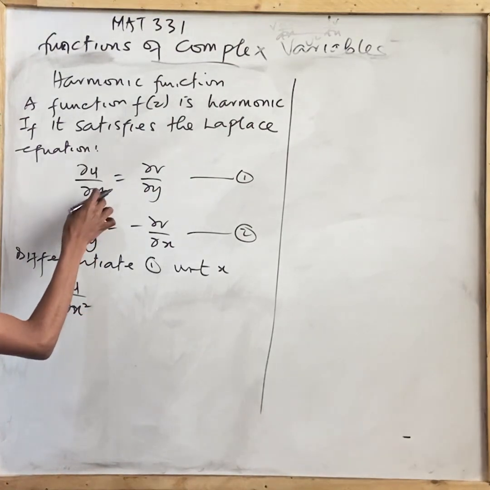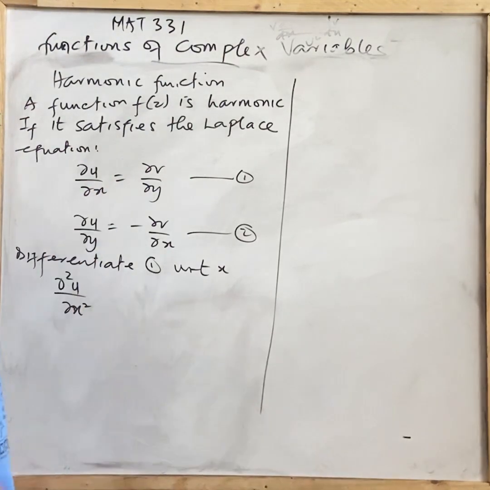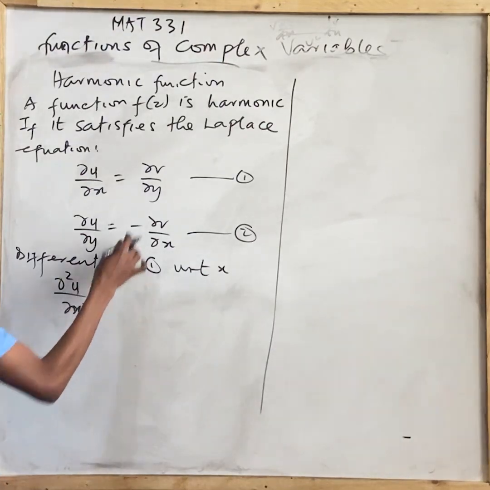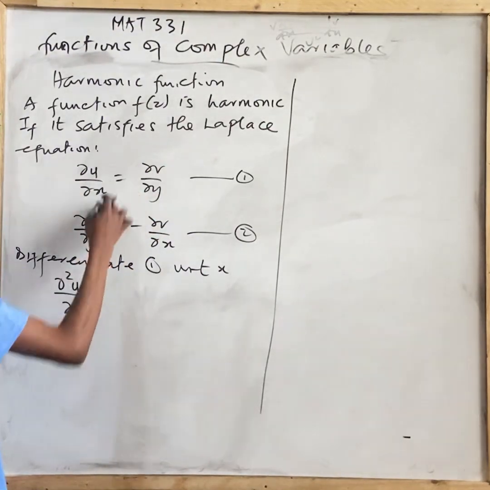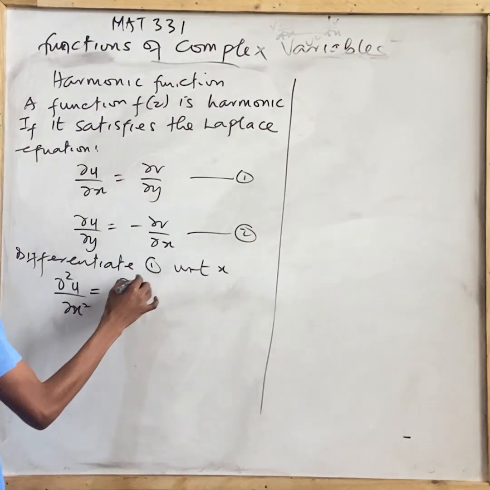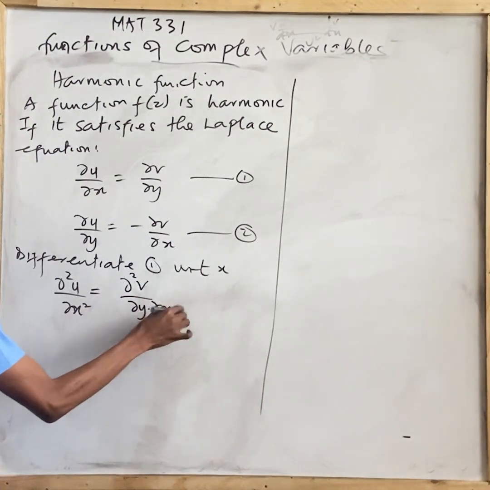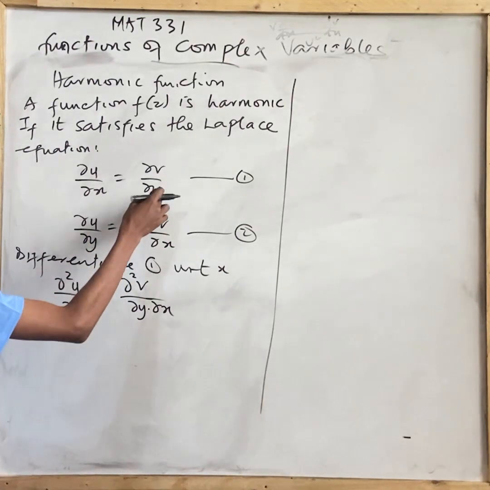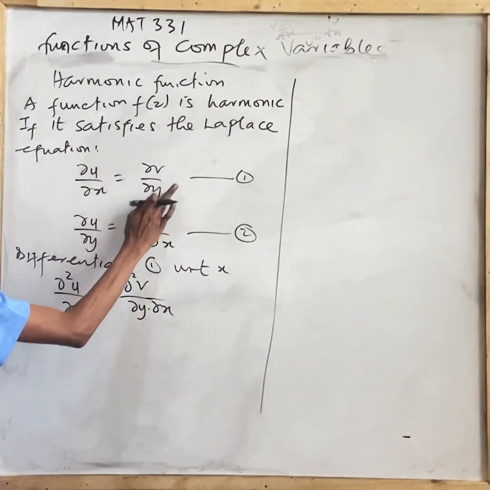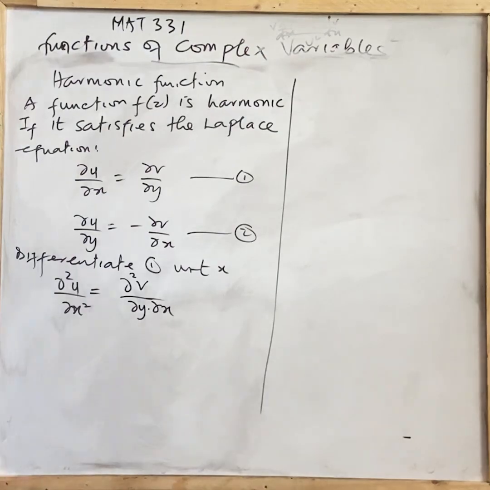This is already du dx. I want to differentiate again with respect to x. That's d square u dx squared. And if I differentiate this part too with respect to x, it will also be d square v dy dx. Because I have dv dy, and I also want to differentiate it again with respect to x. That's a second derivative of v partially with respect to y and x.